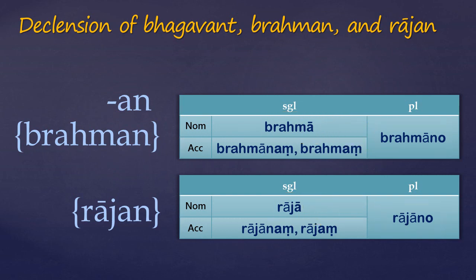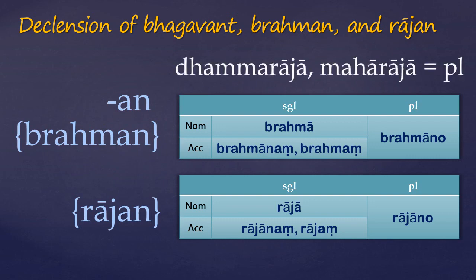But it's worth pointing out here that these declensional endings apply if the noun is used by itself in a sentence, but when they form the last part of a compound word, which we'll look at in a later lesson, the compounds actually follow the declension of normal masculine a-stem nouns like loka.